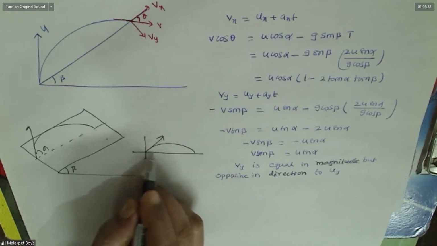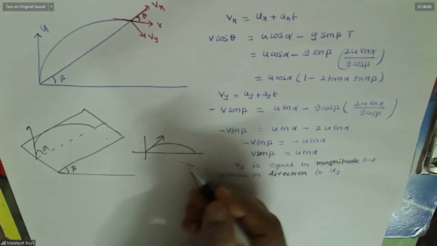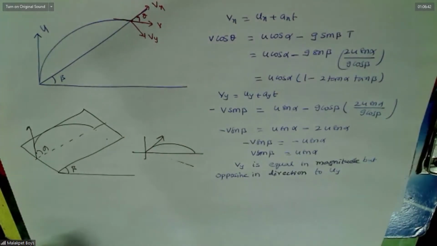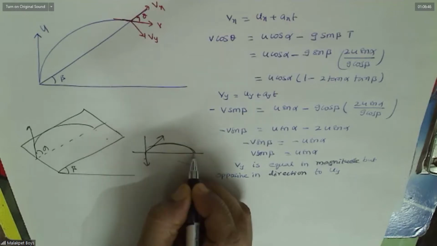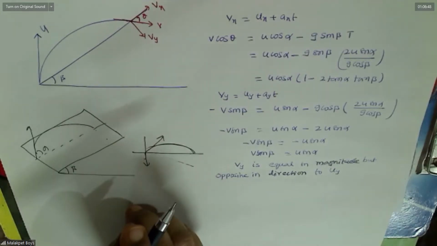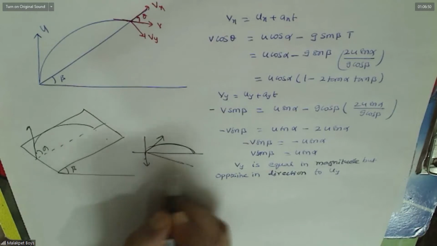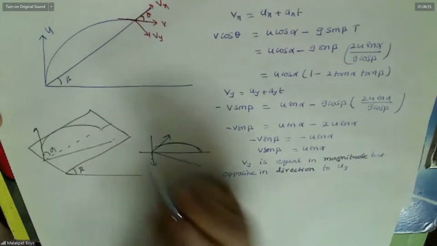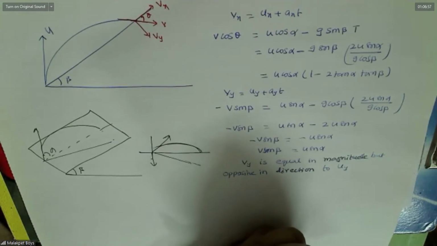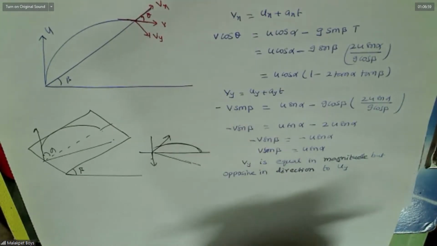It cannot fall here. Reason is, where is the force for that to push it like this? We have only one acceleration, it pulls it downwards. Do you agree? There is no velocity in this direction. Why it will go like this? There is no velocity in this direction, there is no acceleration. Followed this or not? Thank you.